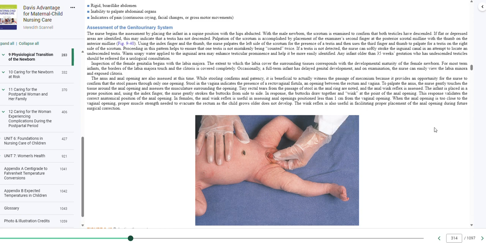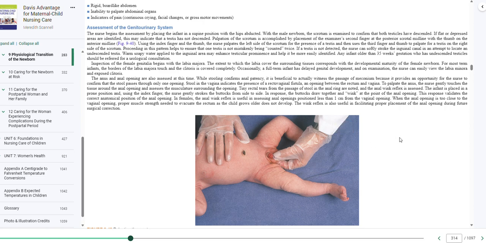For a male baby, we're checking to make sure the meatus, the end of the urethra, is centered at the end of the penis. We're also checking the testicles to make sure the testes are descended, that you can feel the tiny little marbles on both sides.